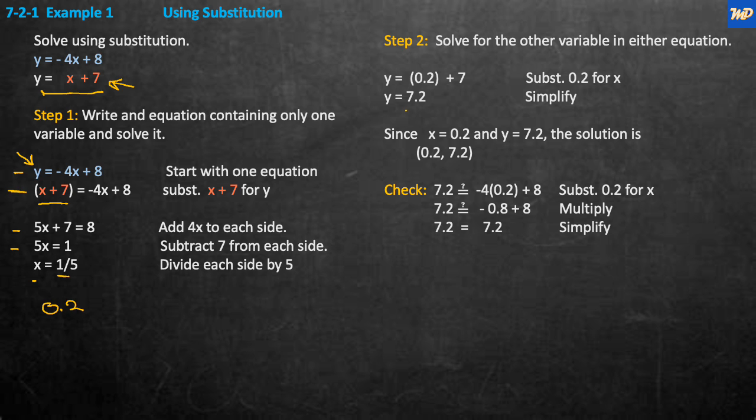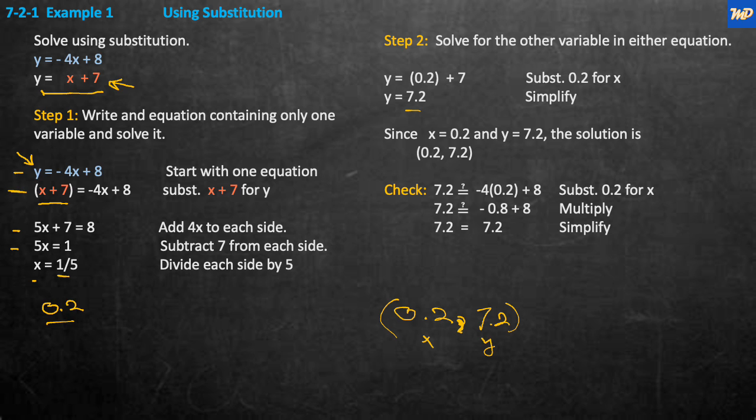So now the answer for y is equal to 7.2. So we have 0.2 is equal to x, and 7.2 is our y variable. This is our ordered pair, the x and the y value, with the comma right there. So that's our ordered pair.